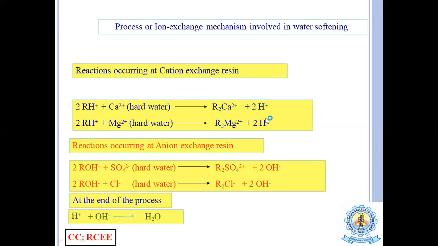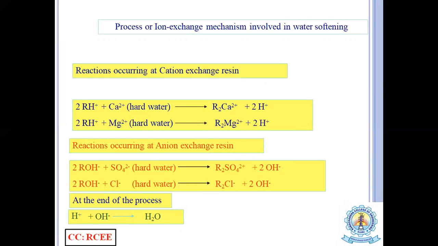In this reaction we can clearly observe the calcium ions are replaced by the H plus ion. Likewise the anion: in the first compartment we have H plus ions, and in the second compartment OH minus ions. The H plus ions and OH minus ions combine together to form H2O, right? This is the end of the process where we get the water.